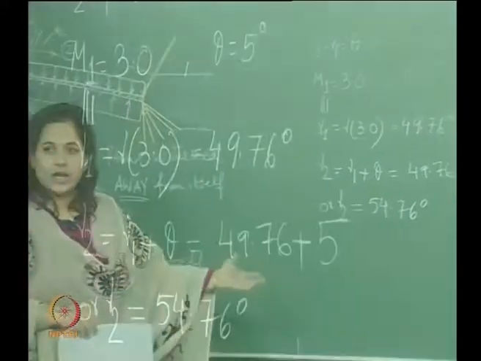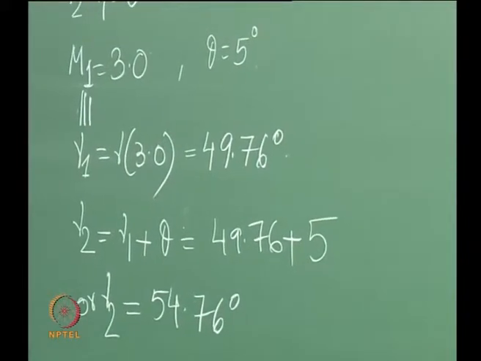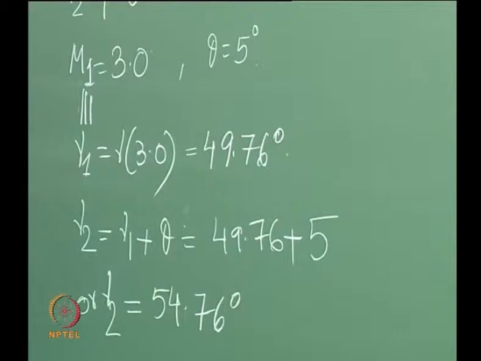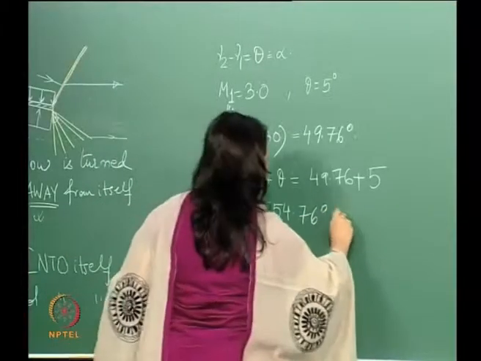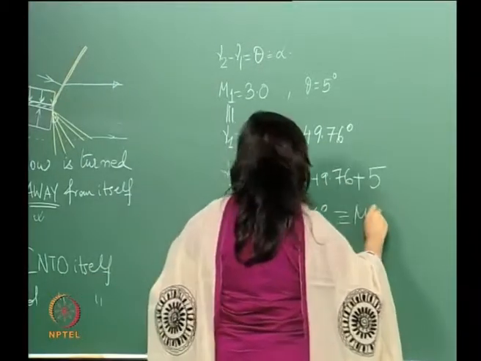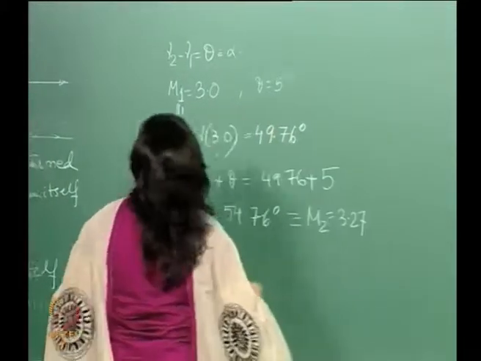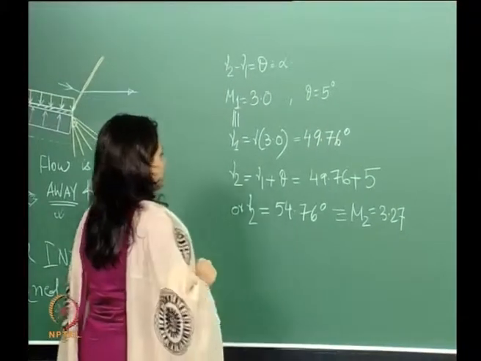Again, corresponding to this mu 2, we can calculate the Mach number from the Prandtl-Meyer function tables. Corresponding to this, we get from the tables 3.27.